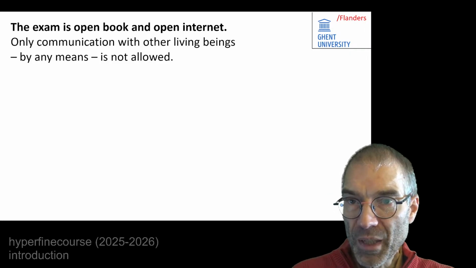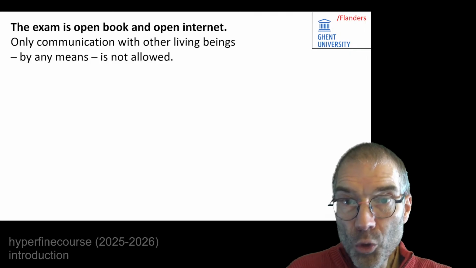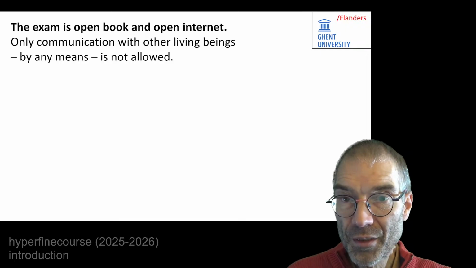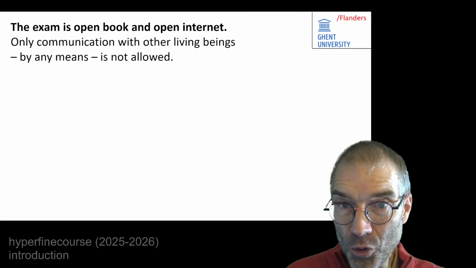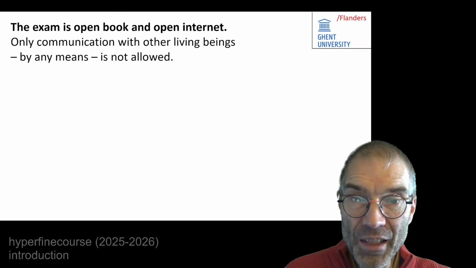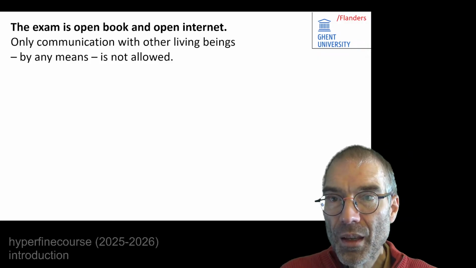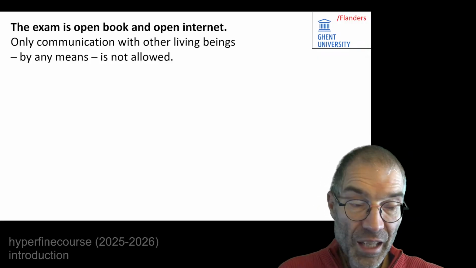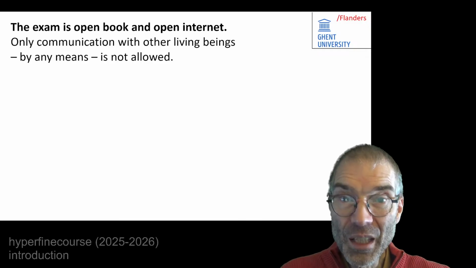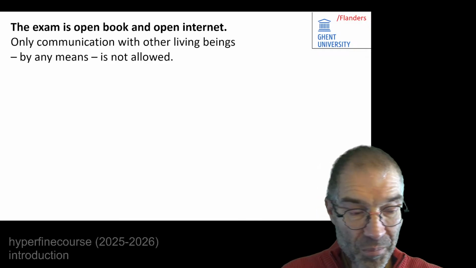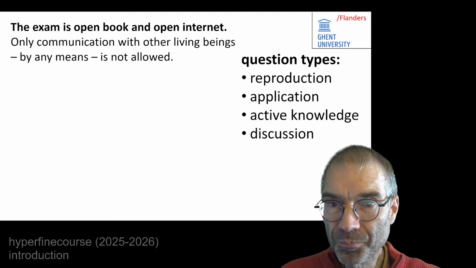The exam itself is open book and open internet, so you can access the course sites and anything else on the internet during the exam. Only communicating with other people in the room or outside the room, that is not allowed.